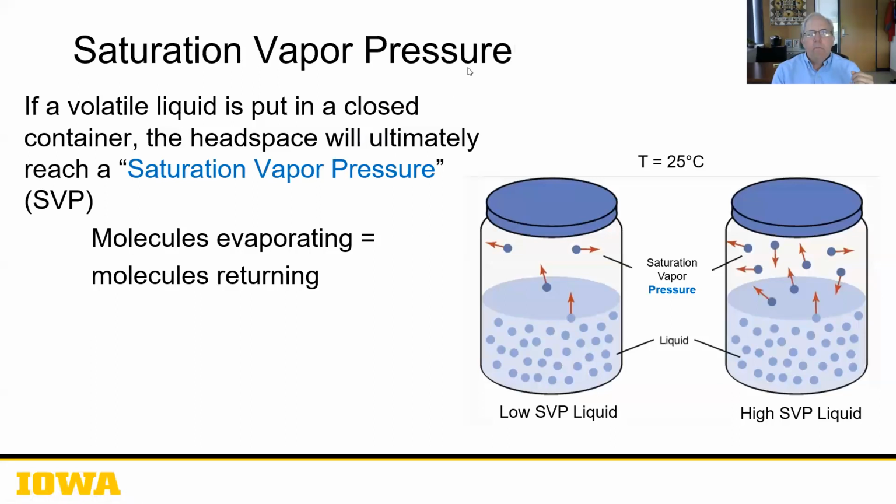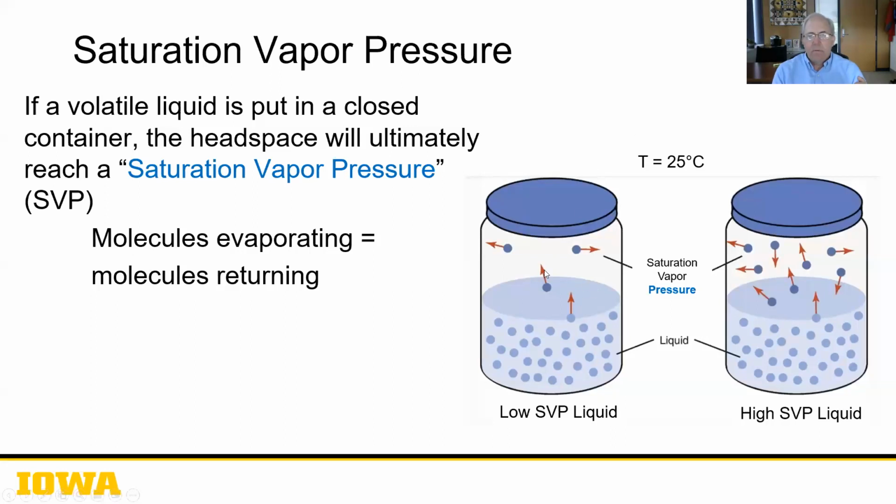Now, to move this along a little bit further into the physics, I'd like to bring up the concept of the saturation vapor pressure first. If you have a volatile liquid and you put it in a closed container, as shown here, say at a certain temperature, we'll go with 25 degrees centigrade, this head space will ultimately reach what's called a saturation vapor pressure.